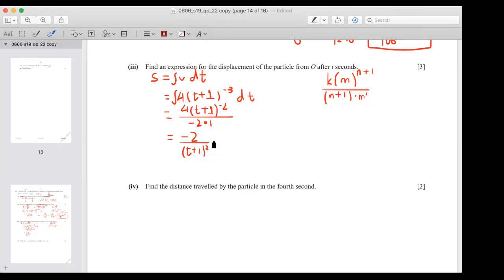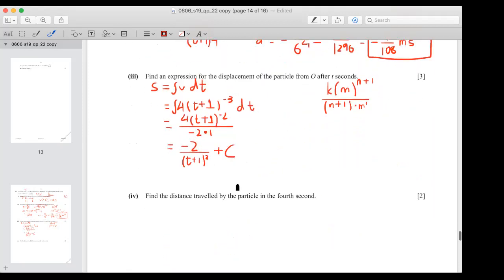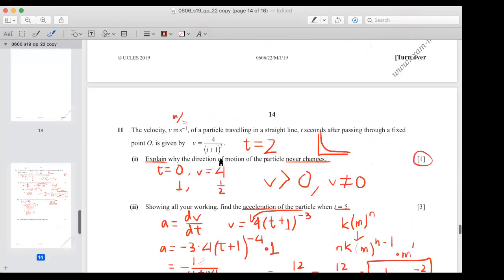However, it's not over yet. We have c. Of course, we do not stop here, so we have to find c. How to find c?